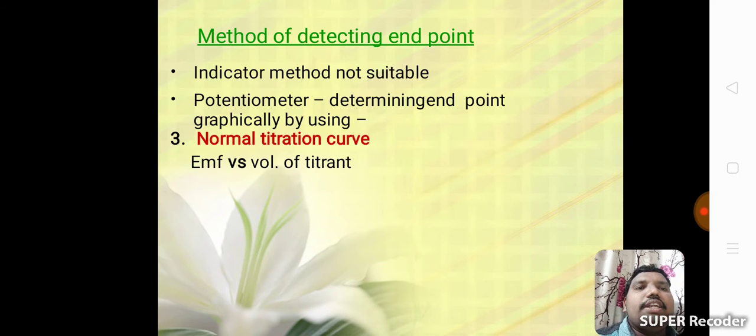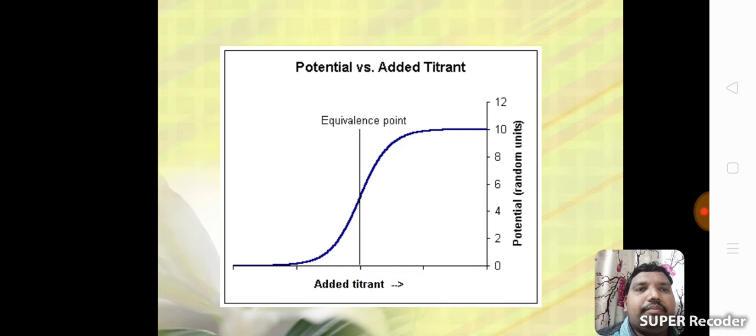The method of detecting the endpoint: the indicator method is not suitable. Potentiometry determines the endpoint graphically by using the normal titration curve. Here the normal titration curve is nothing but EMF versus volume of titrant.